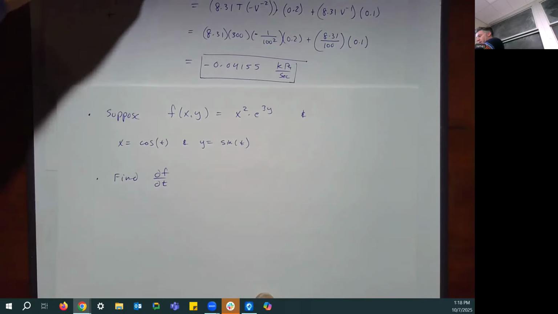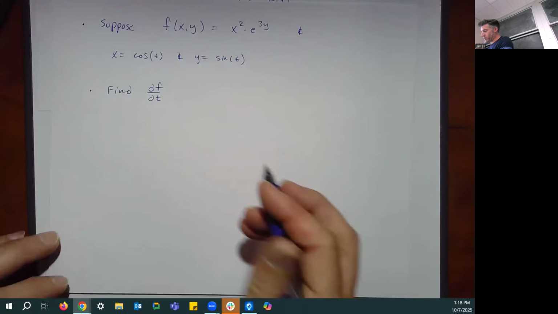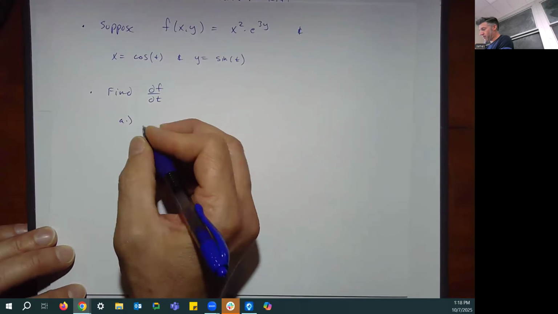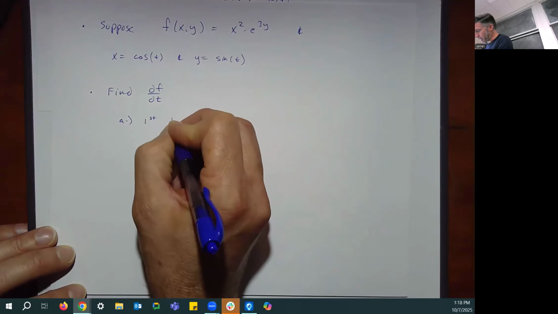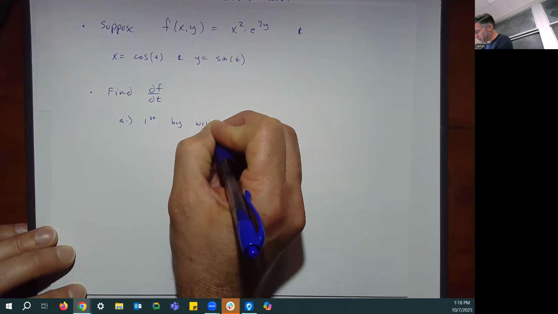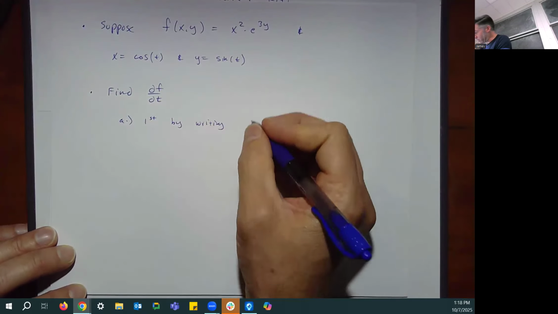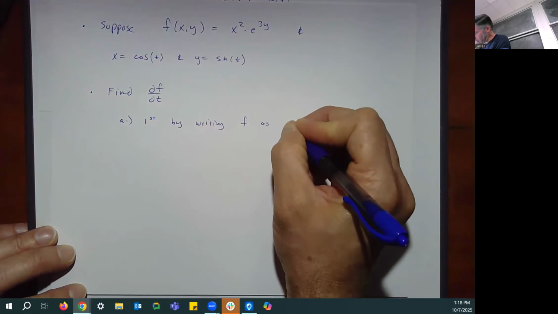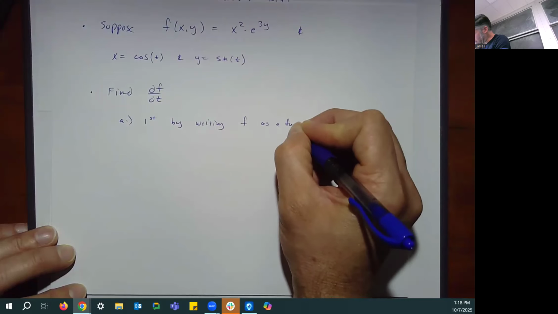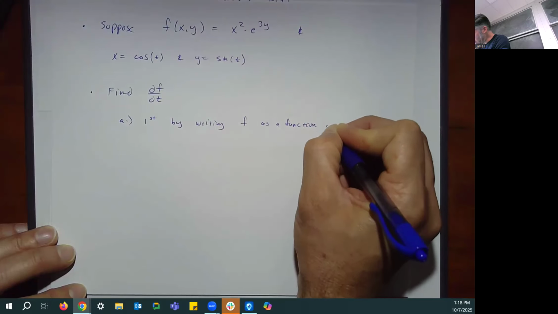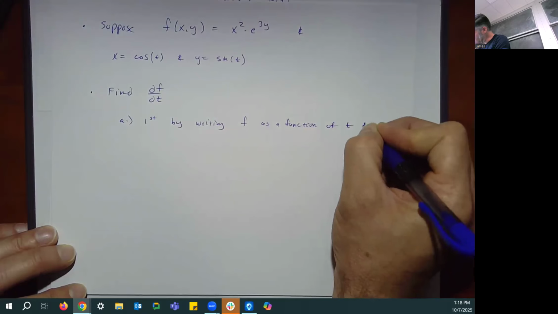We're going to do this two different ways. First, the hard way: by writing f as a function of t, and then just taking the derivative.